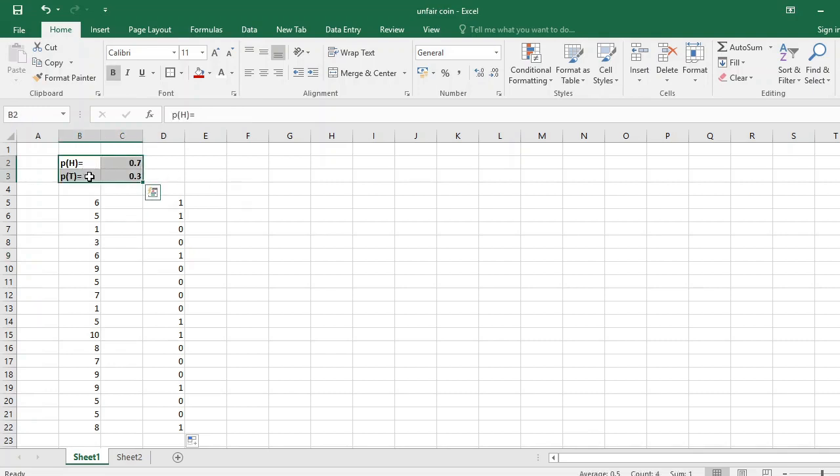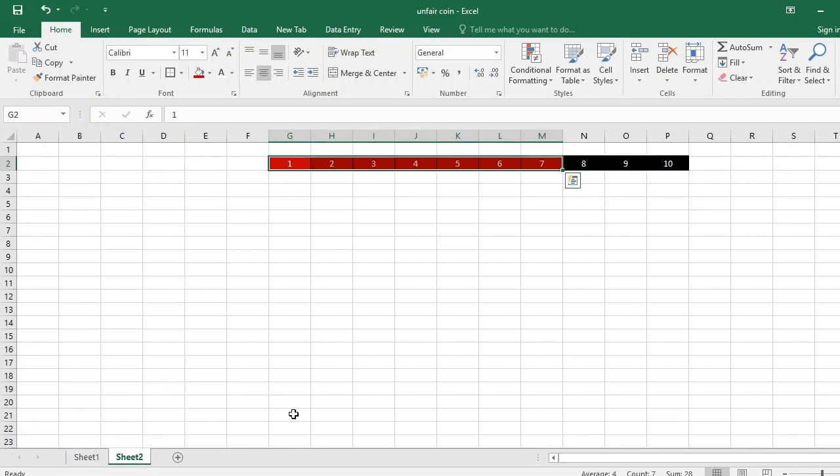Here the probabilities of heads and tails are not 50%. It's 70% and 30%. So the question is, is it possible to use the rand between function to simulate an unfair coin? Yes, the answer is it can be done. So let me explain how that is possible.